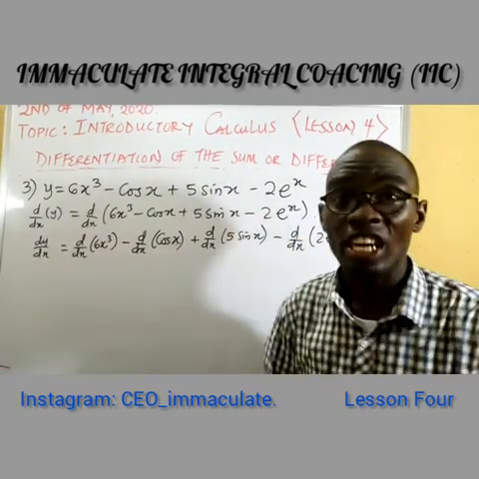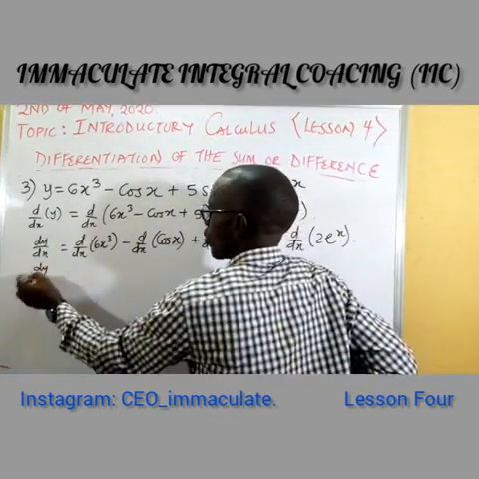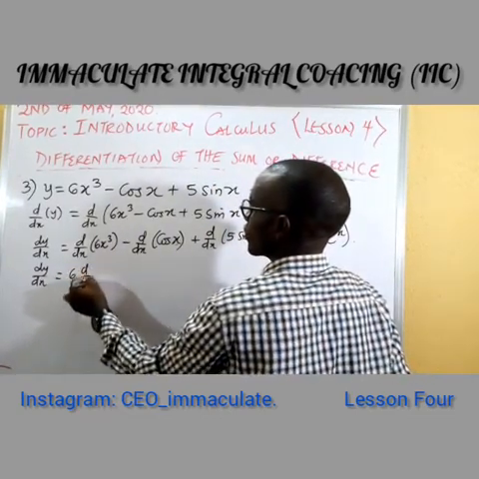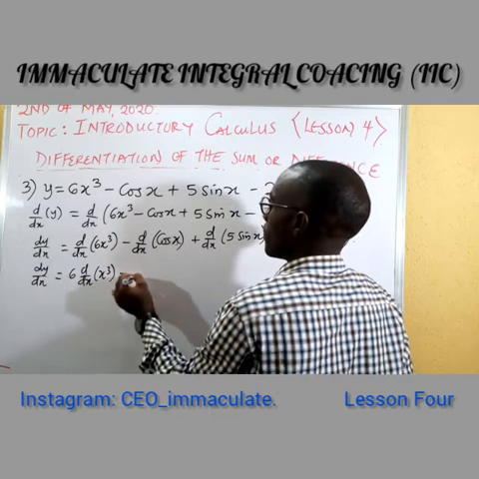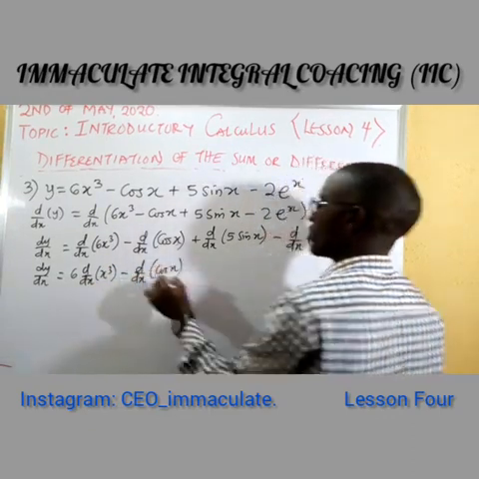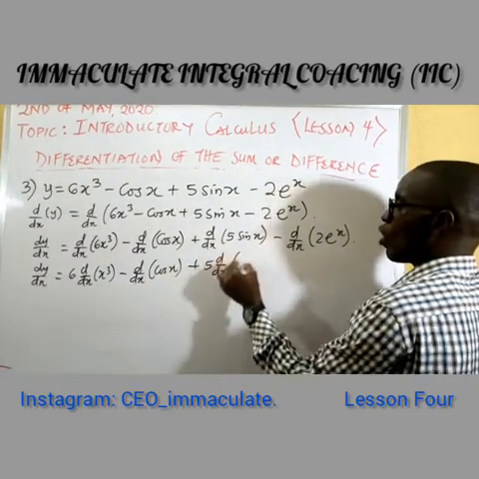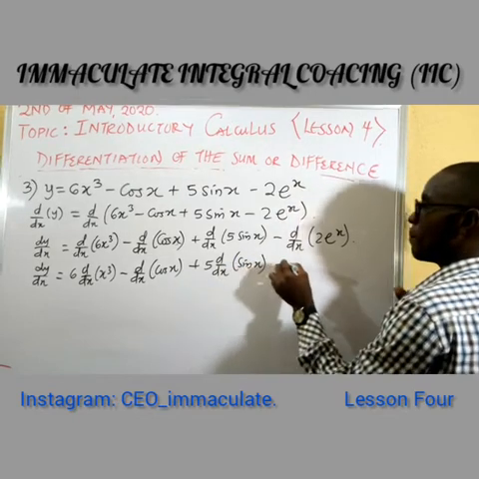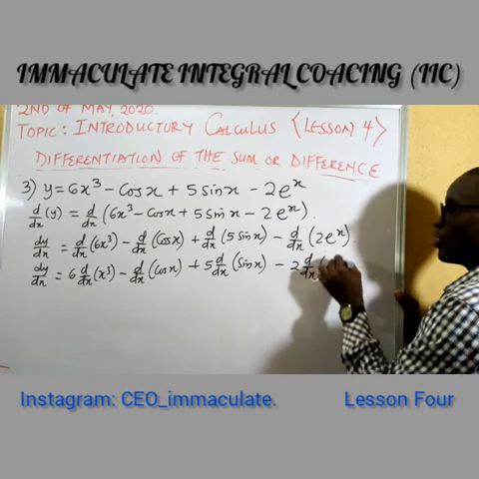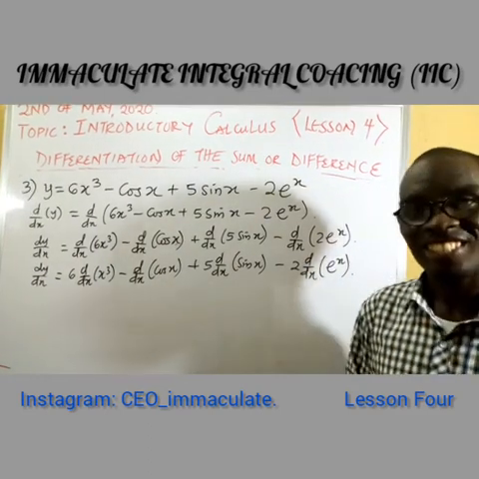From here, let's bring out our constants. So dy/dx equals 6 d/dx of x cubed minus d/dx of cos x plus 5 d/dx of sin x minus 2 d/dx of e^x.